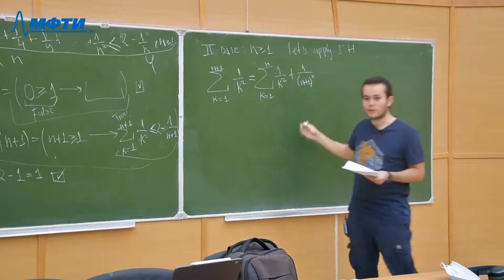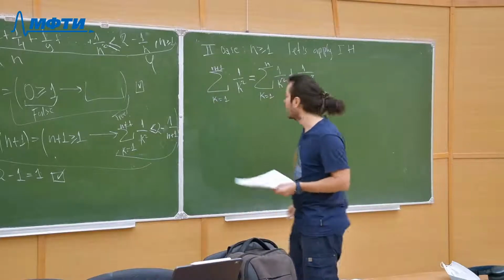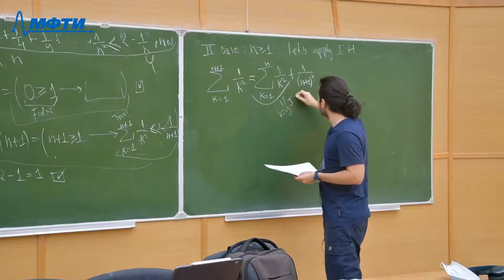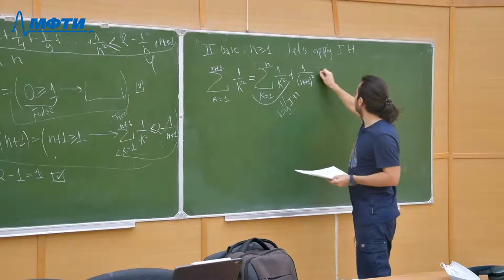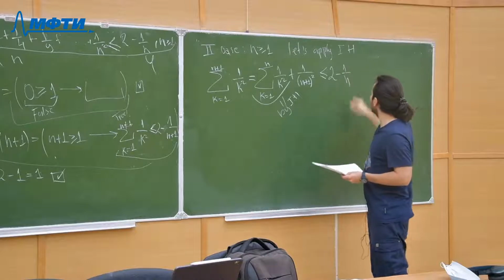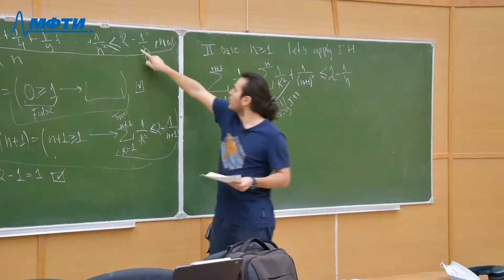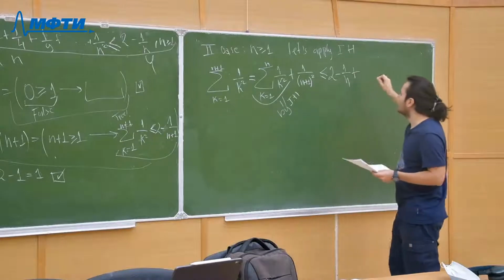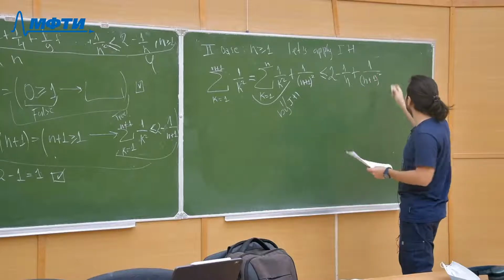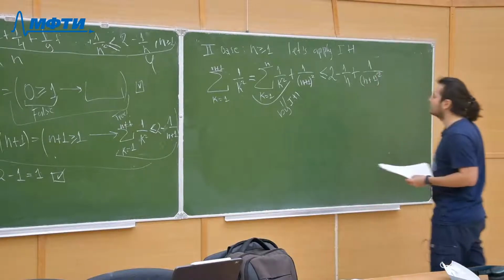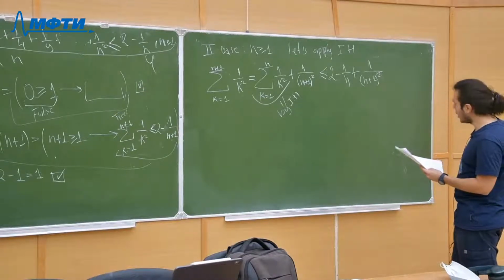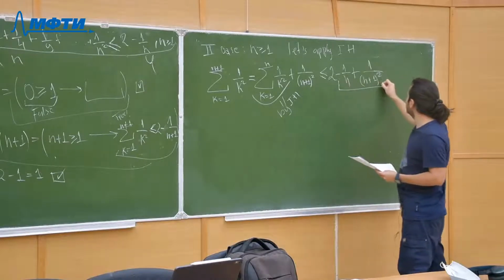So this is true, of course. And then by the induction hypothesis, this is at most 2 minus 1 over n plus 1 over n plus 1 squared. Let's look at these 2 things here.